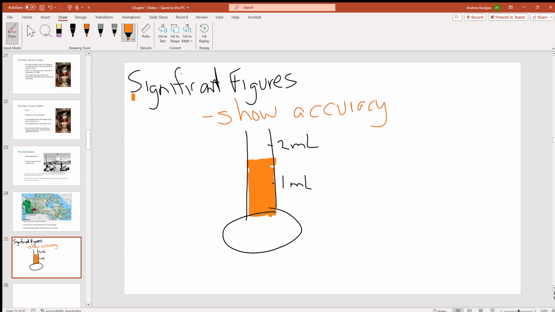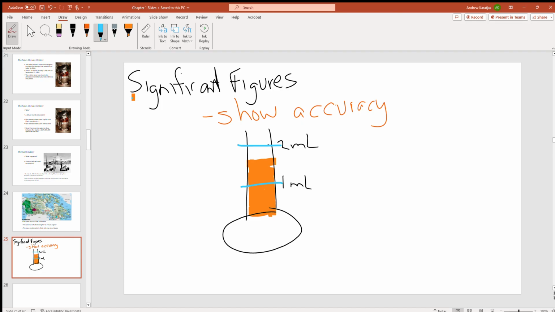And we can clearly see that our measurement here, if we're going to record that, it's not 1 milliliter because we can see it's quite a ways above 1 milliliter. We also know it's not 2 milliliters, because we can see that it's well below the line for 2 milliliters. So how do we record this measurement?